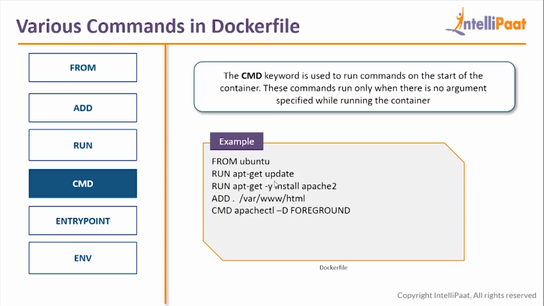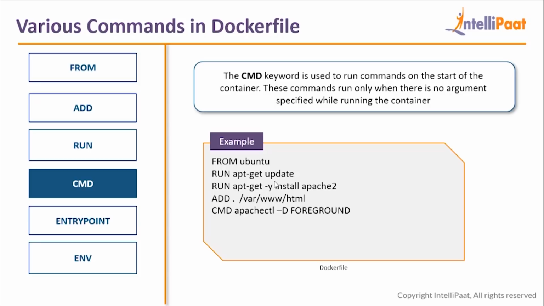The command for running a container is docker run -it -d and then the image name. After the image name, you can also specify a command that you want to run inside the container. If you don't specify anything, then the command in the Dockerfile will run when we start the container. Otherwise, whatever command we specify in the docker run command would run.